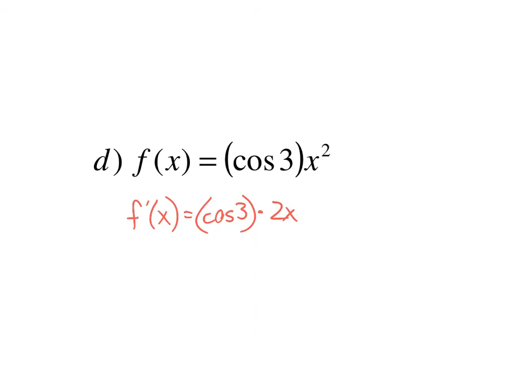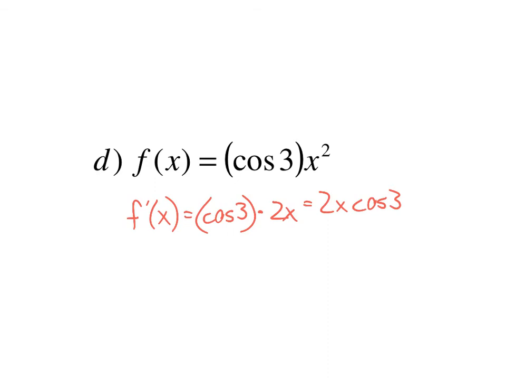Okay? So this is just 2x. I would rewrite this as 2x times the cosine of 3, just to avoid confusion. But notice the difference the parentheses makes. One, we have to use a chain rule.